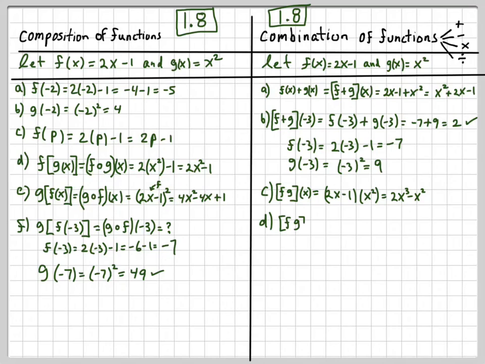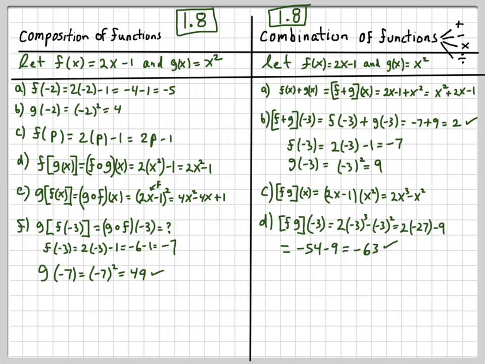That is the answer. As another example, if I ask you to find the combination of the product of f and g of negative 3, we could substitute negative 3 into the expression for c and get the answer. That would be one way of doing it.